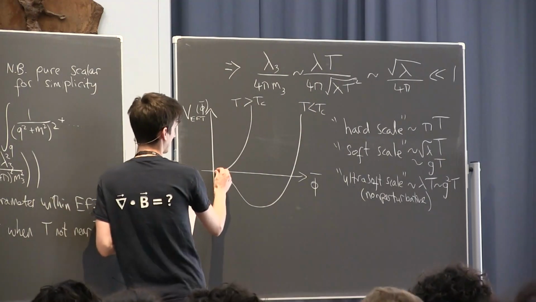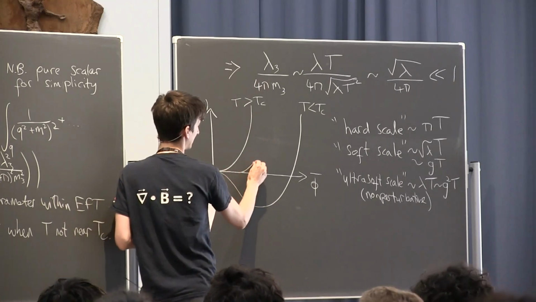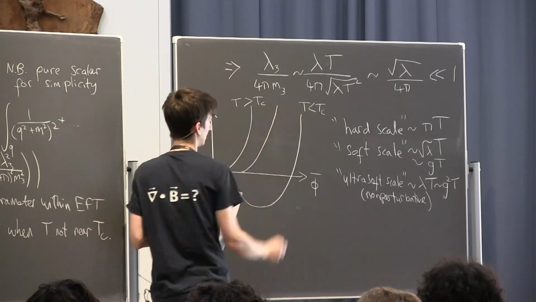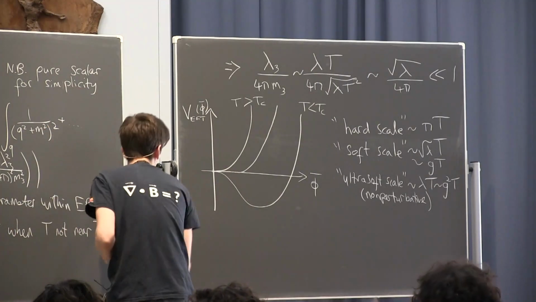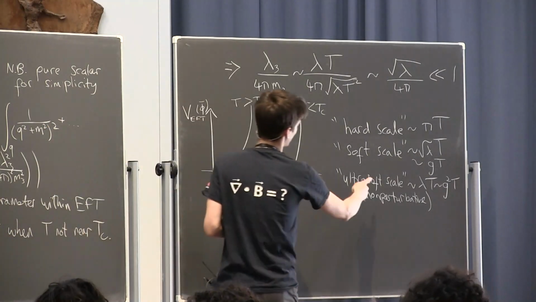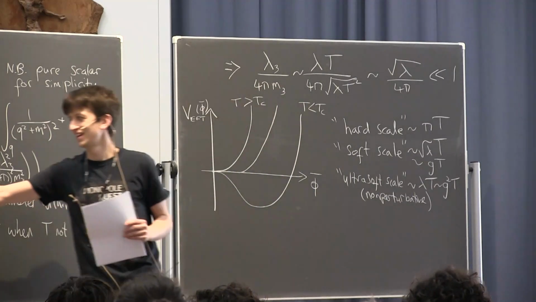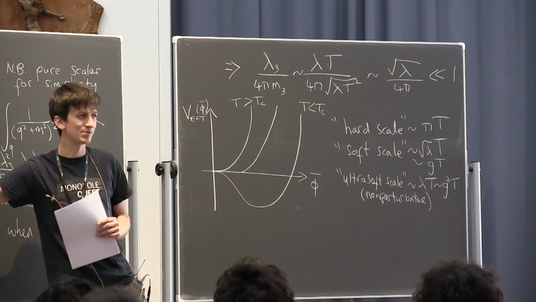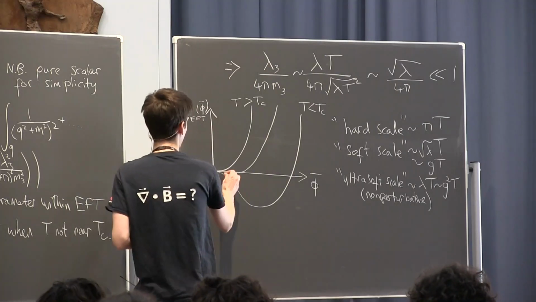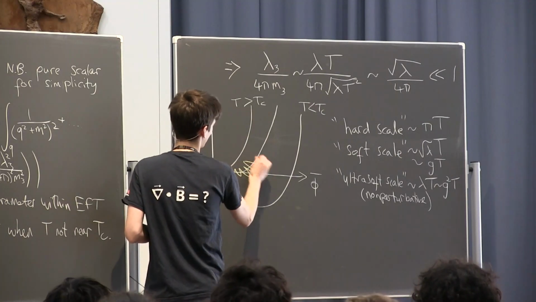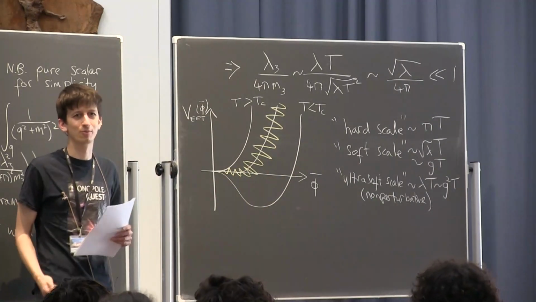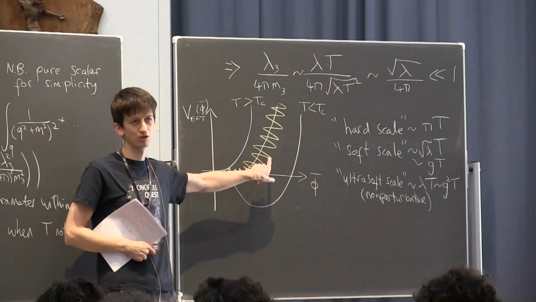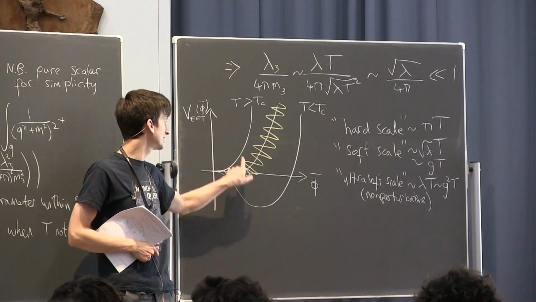But if I look at the temperature of TC, where the mass is 0, my expansion parameter is at least 1. In some sense, it goes through infinity. So this line here is really unknown. So that's somehow non-perturbative. Like my prediction for that line is not a good prediction, whereas the predictions for these lines are okay.